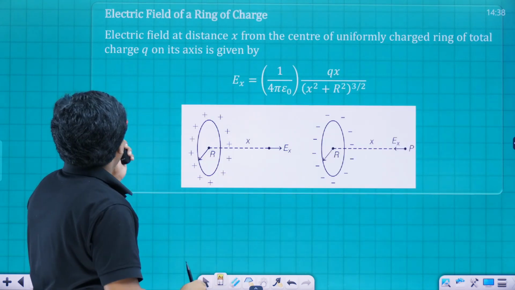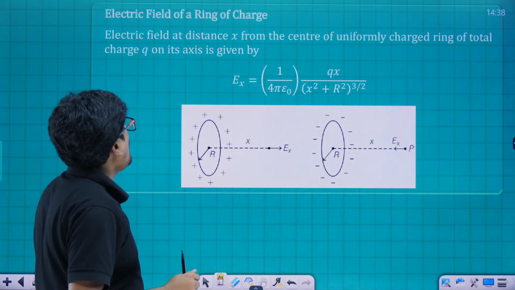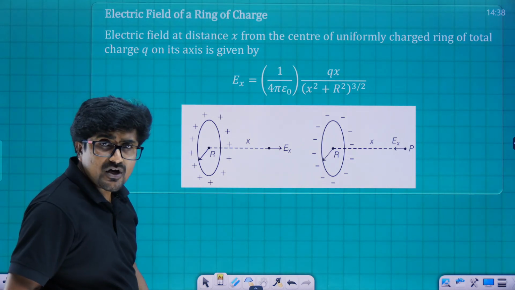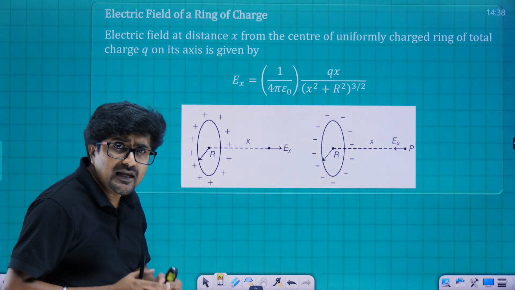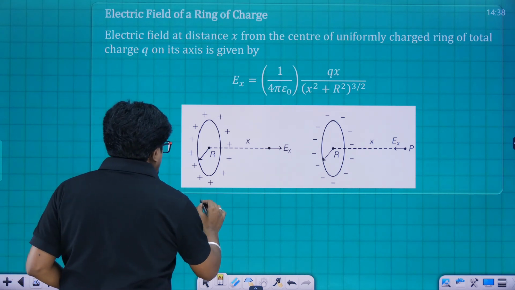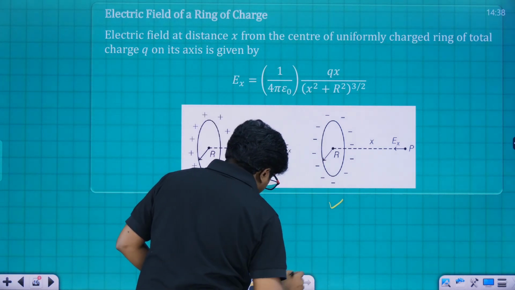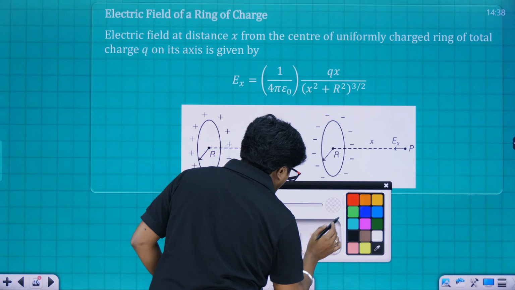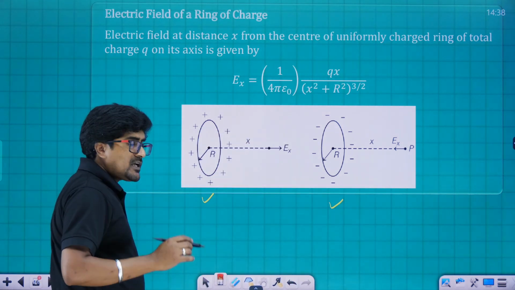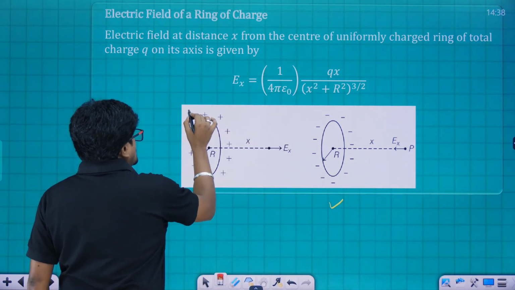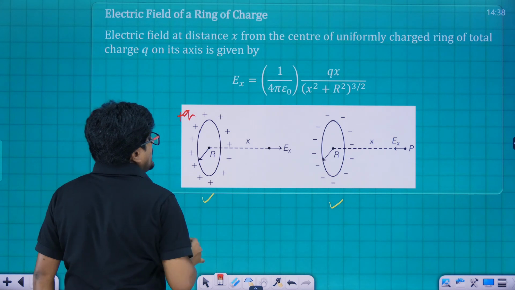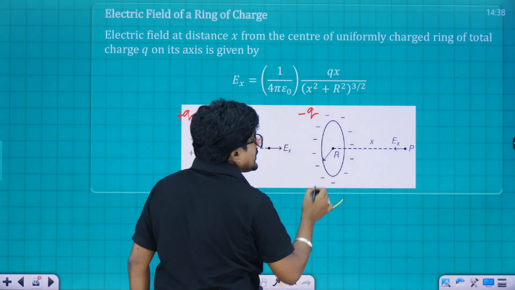All right, next is electric field of a ring of charge. That means we are having a ring, either it could be positively charged or it could be negatively charged, and regarding the ring we are having some specifications. Specification number 1 is the charge of the ring is, here it is positive and here it is minus of small letter q.